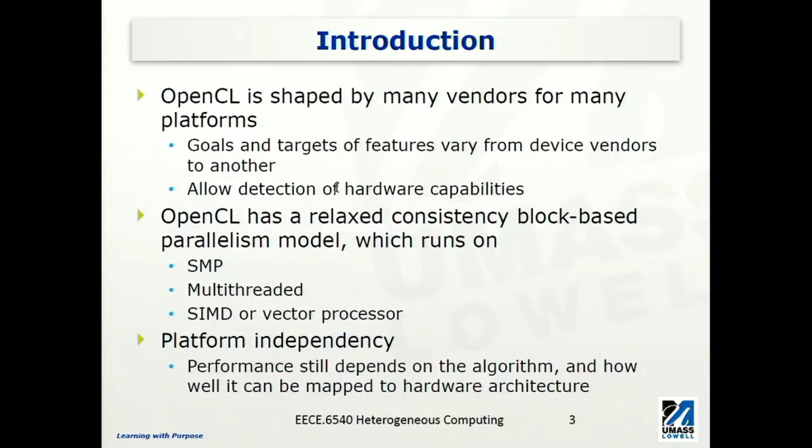OpenCL is a collaboration among many companies starting from a decade ago, and it has been shaped by many vendors for many platforms. It started from the GPU processors in the early days, where the GPUs have some shading accelerators on chip, and people started thinking about how to use these hardware accelerators for general purpose computing.